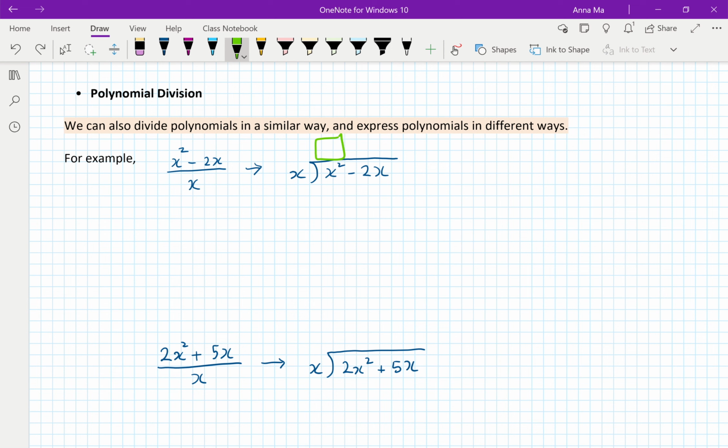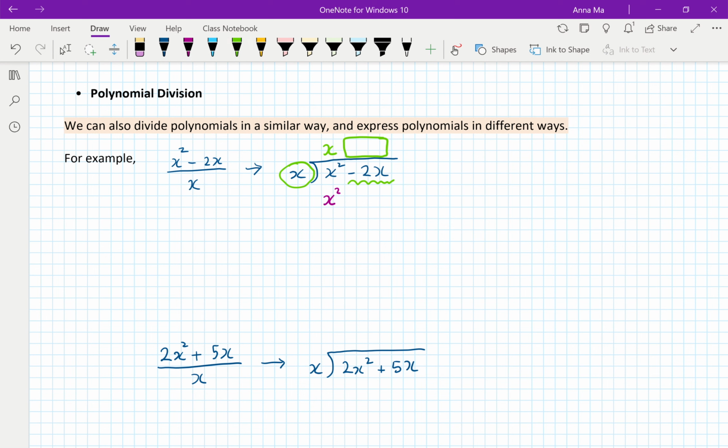So I'm asking myself, x times what gives me x squared? Well, I know x times x gives me x squared. So I'm going to write an x here and also write down the result I have here to check that it matches. And if it does, we move on to the next term. So now I ask, x times what gives me negative 2x?